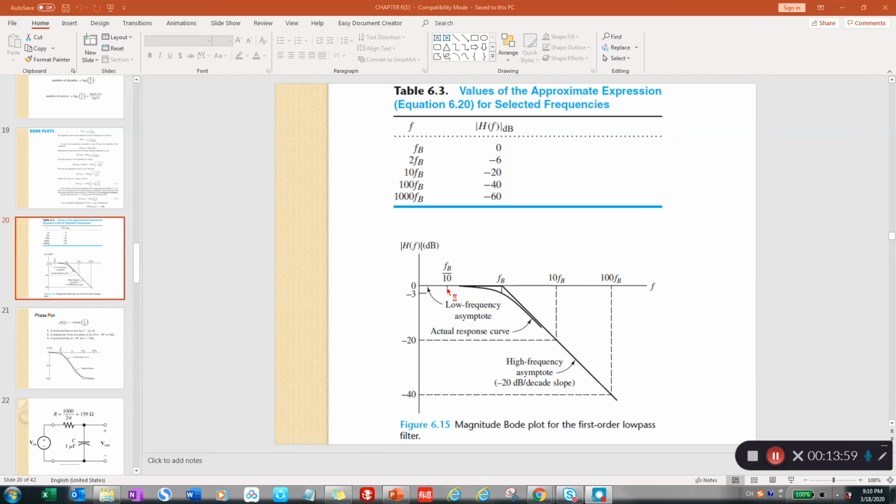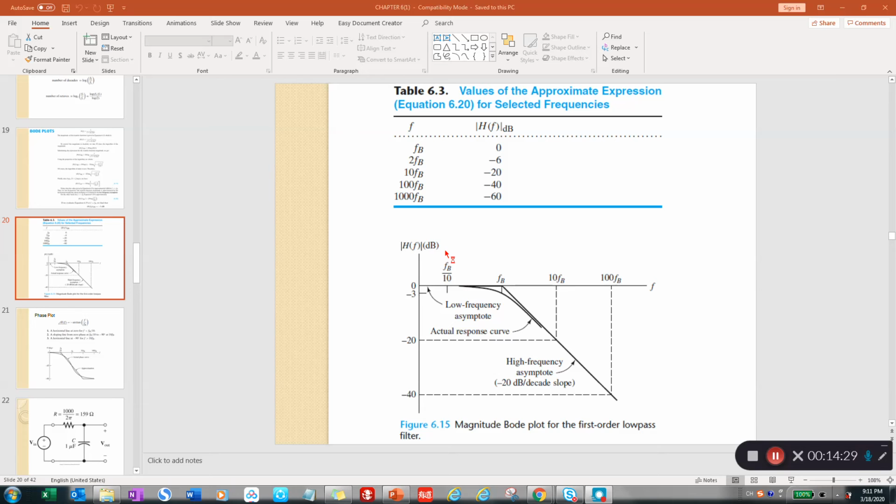For the left-hand side, if the frequency is lower than the break frequency, you can see the signal will pass through. For the right-hand side, if the frequency is higher than the break frequency, you can see the signal will be reduced, because this is the amplitude of the transfer function in dB.